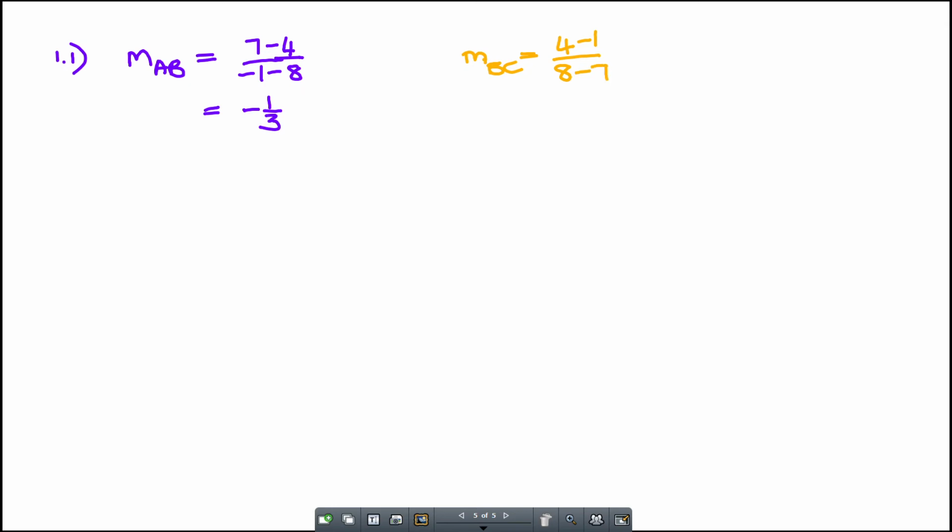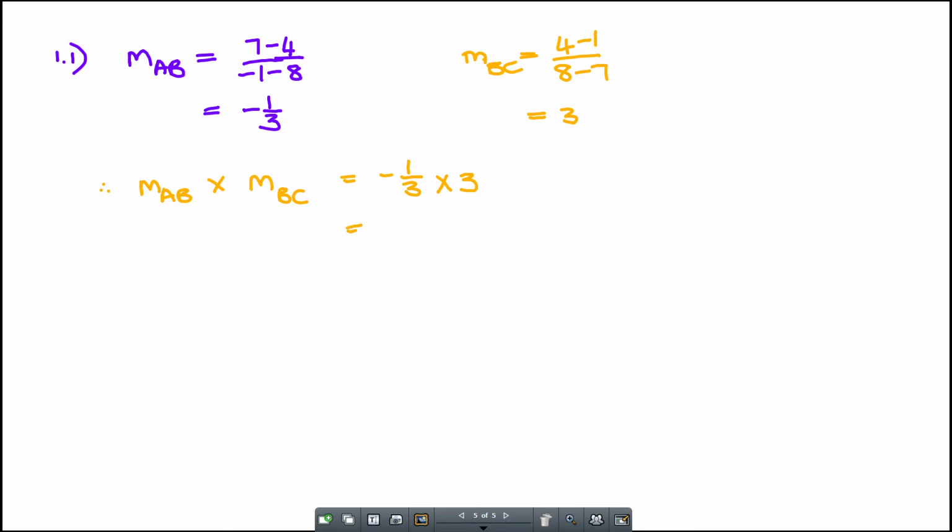People here, with gradient, when you work it out, nee, wat ook baie keer inkom, die focus is tekens. Especially when it was a negative number or negative value at x or y. Then you sometimes forget, then it's minus a number. Nee, so onthou daar, so dat jy nie daar fout maak nie. Okay, so over here I got my gradient is 3. Nou gaan jy sien, therefore, if I take the gradient of AB and I multiply it with the gradient of BC, that's going to be minus a third times 3.